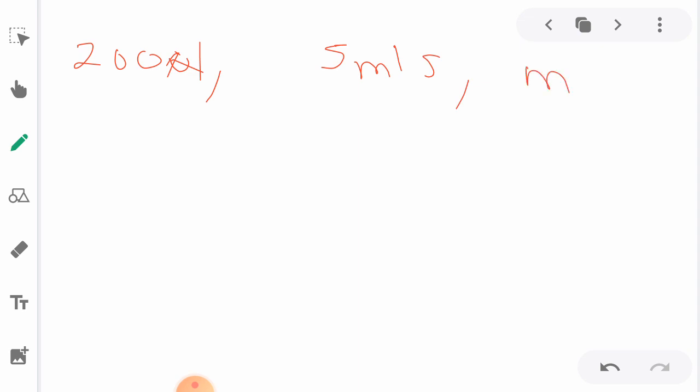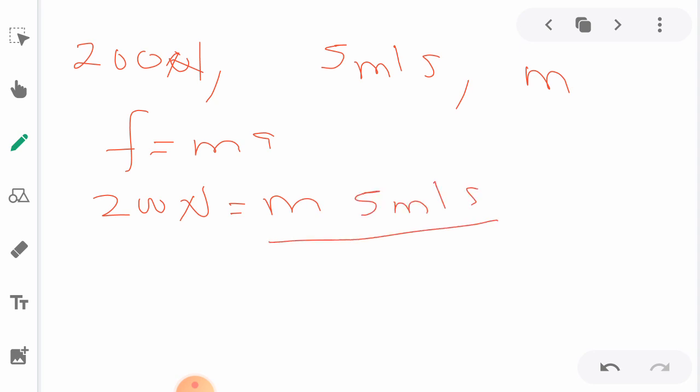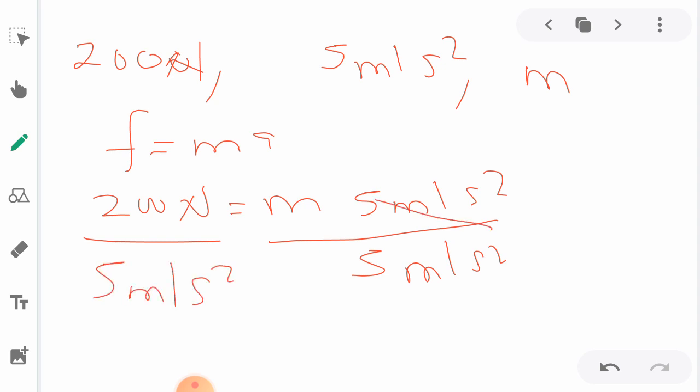How can you find it? So use the same formula, mass times acceleration. Force is 200 newtons, mass we don't know, acceleration we have as 5 meters per second squared. So divided by 5 meters per second squared on this side, then you cancel there.